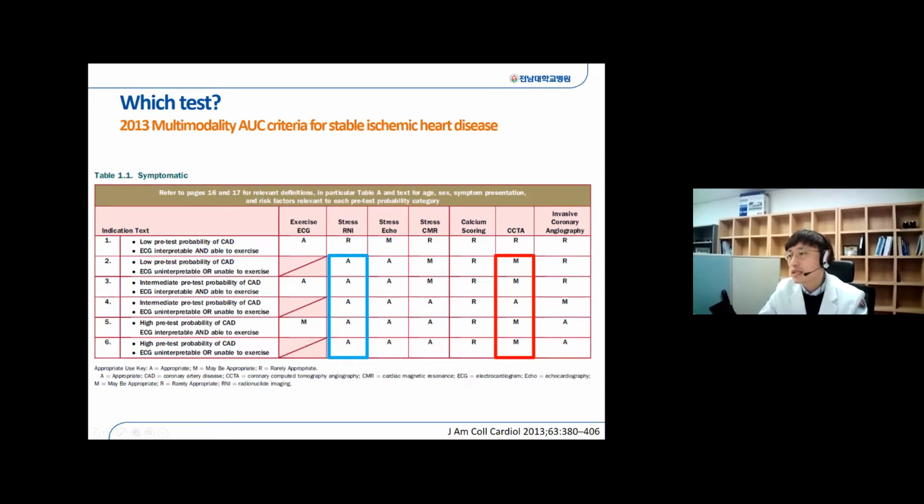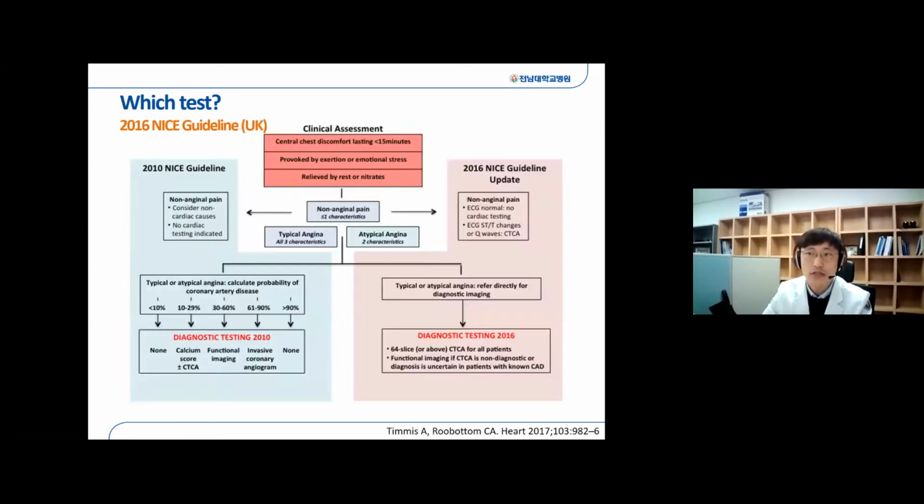And cardiac CTA was considered rarely appropriate for symptomatic patients. But in only 3 years, the NICE guideline in the United Kingdom changed this policy to be very preferable for cardiac CTA.